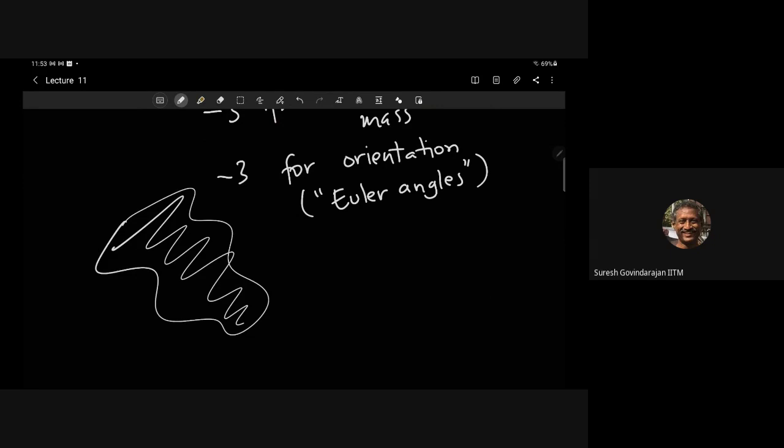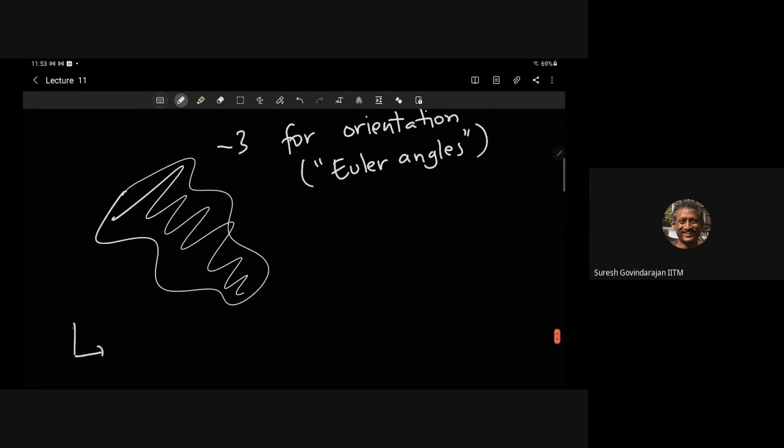For a rigid body, the 6 coordinates are chosen like this: 3 for center of mass and 3 for orientation. There's something called Euler angles. Let's draw some pictures. That will be one location of the center of mass, which is 3 degrees of freedom. Then you think of an axis soldered onto the body at the center of mass.